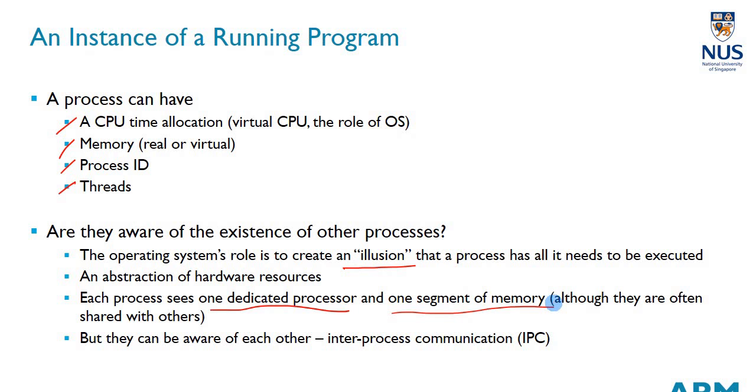But in reality, the processor and the memory are shared among multiple processes at the same time. They can also be aware of each other, so it's possible for processes to know that there are other processes in the overall system and to communicate with each other. That is inter-process communication.